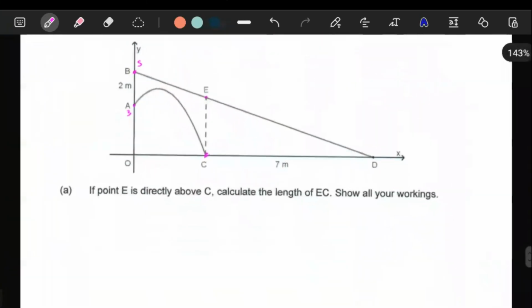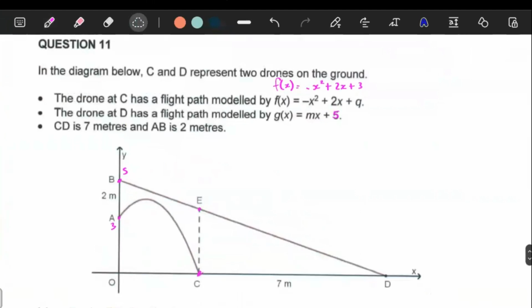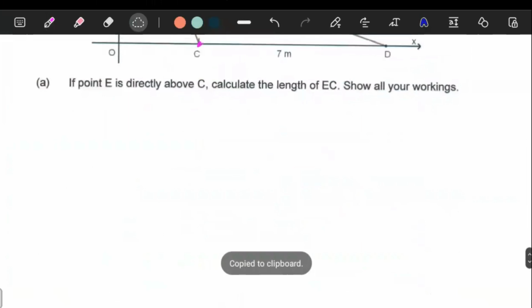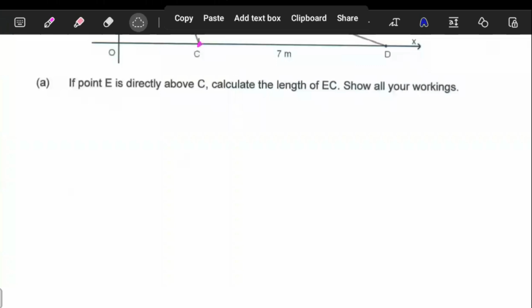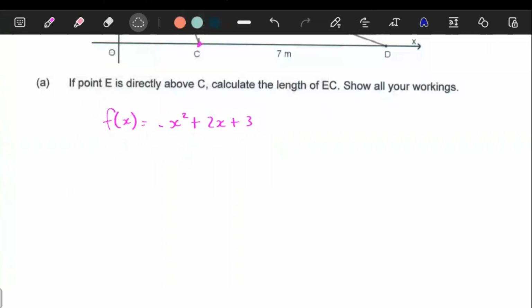So let's get C first. In the equation of our parabola, we need to find the x value where the y value is 0. So let's make this a 0.